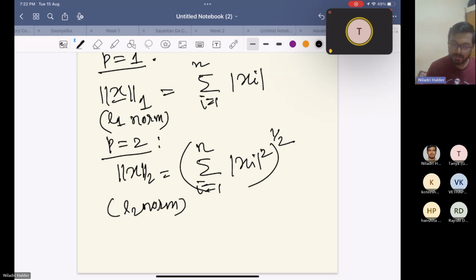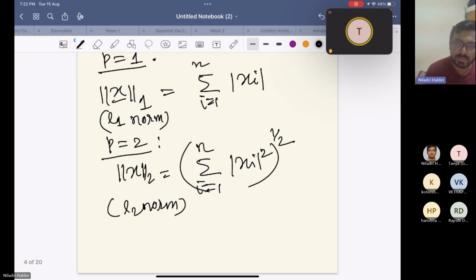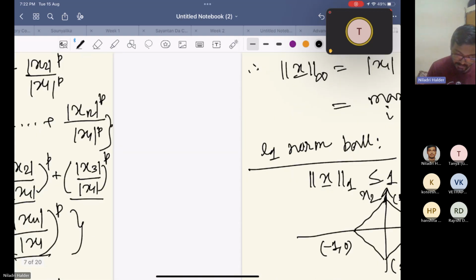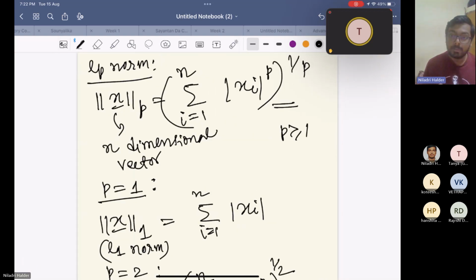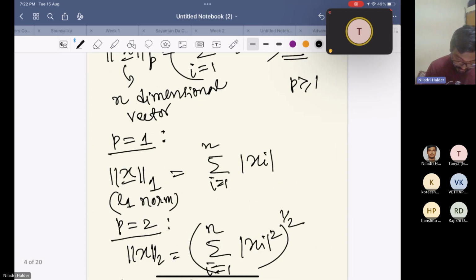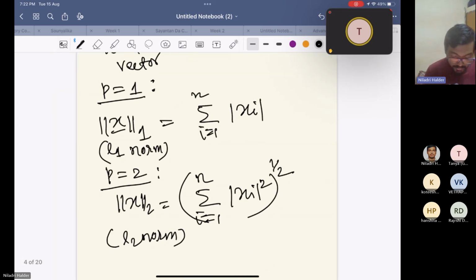If you don't have any question up to this, then I can start one more topic, just an introduction of another topic that will be useful in this community. So let me revise again. For the Lp norm, if I put p equals 1, that gives the L1 norm, and p equals 2 gives the L2 norm.